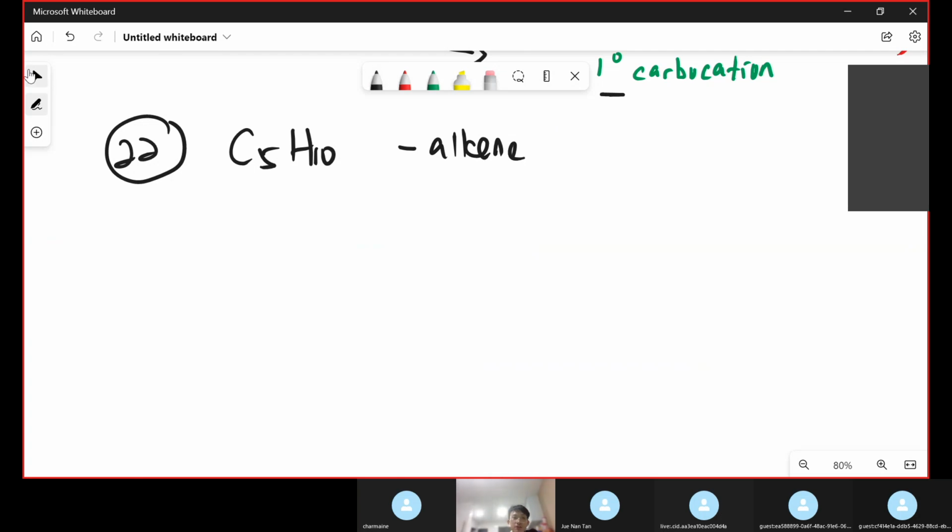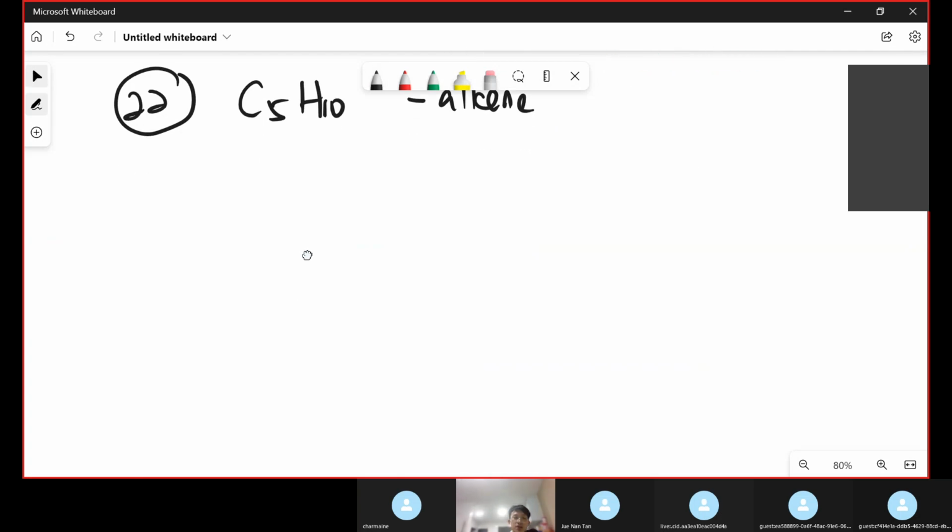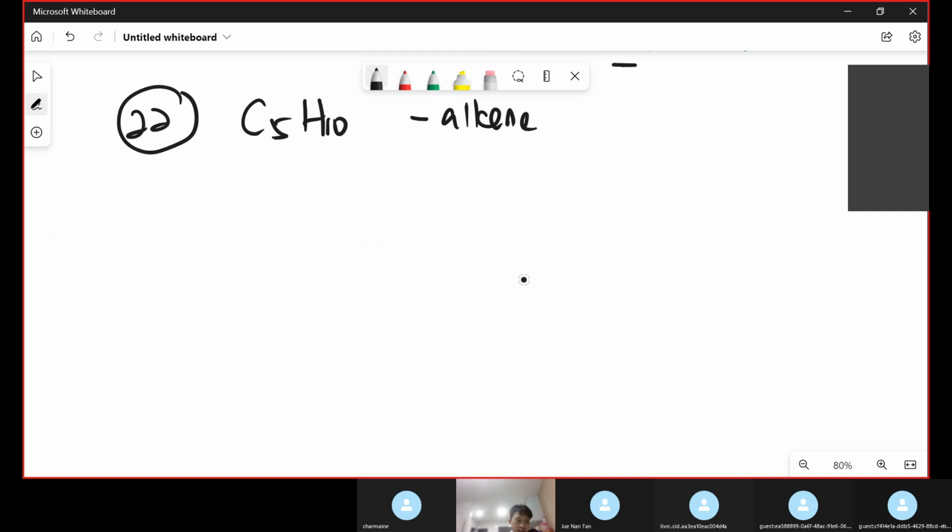Usually for drawing isomers, personally I advise you to start from the straight chain, the easiest one: 1, 2, 3, 4, 5. Then where is the double bond? It can be here. Can it form cis-trans? A terminal C=C cannot form cis-trans, so only one structure.